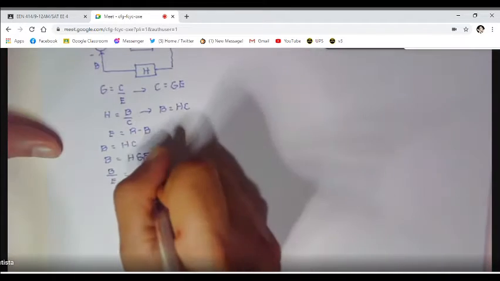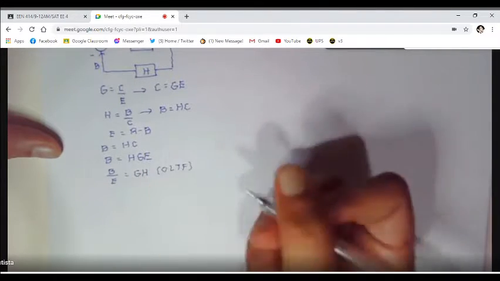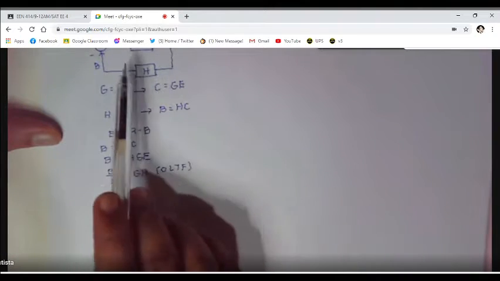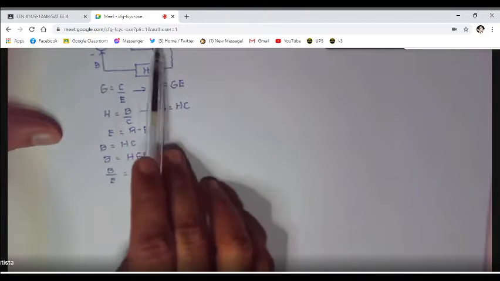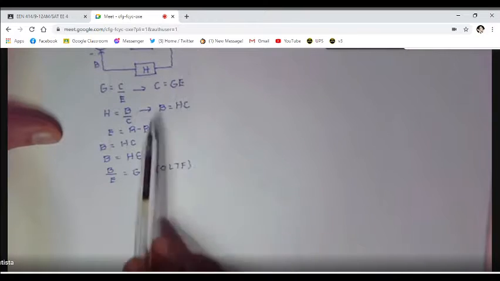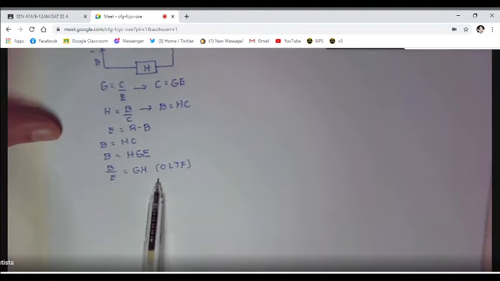Okay? So therefore, this one is the open loop transfer function. That is from E to B. Output is B. Input is E. So you have GH. Okay? That is open loop because it doesn't matter whatever the value of C, because C is already cancelled here. Okay? C is already cancelled.